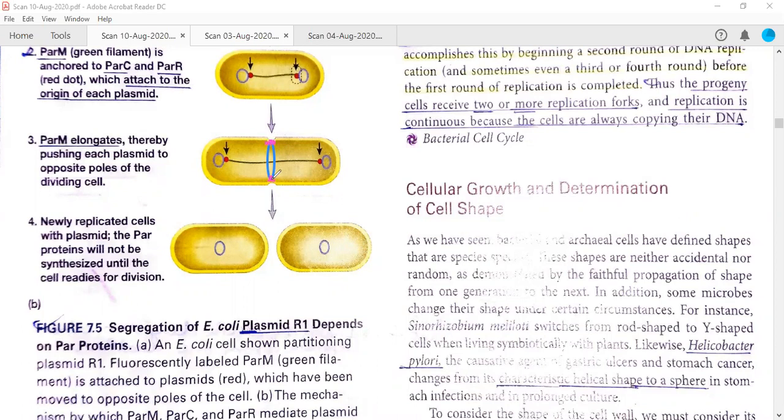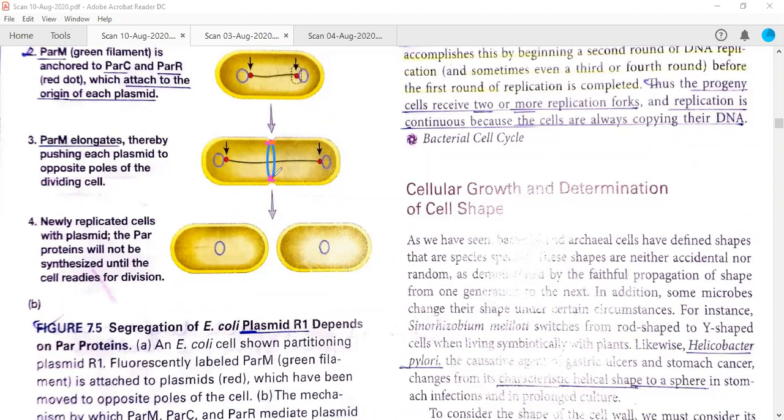Till now, we are able to understand that this is the FtsZ ring made up of FtsZ, and this is having two proteins. One is FtsA, and the second is what we call ZipA.